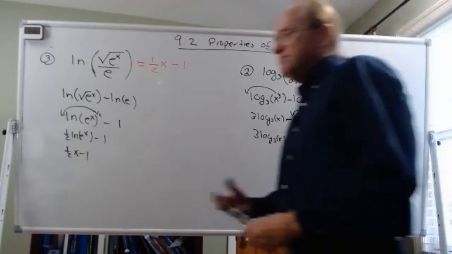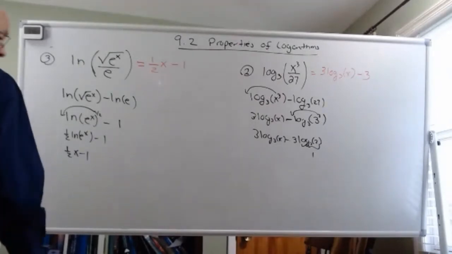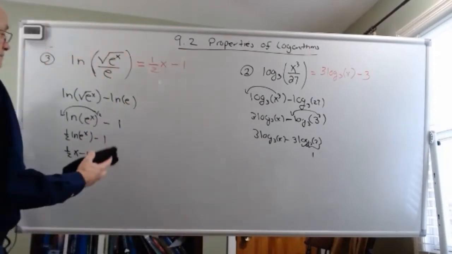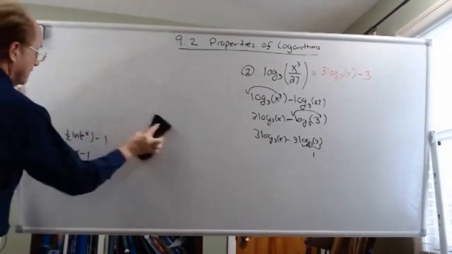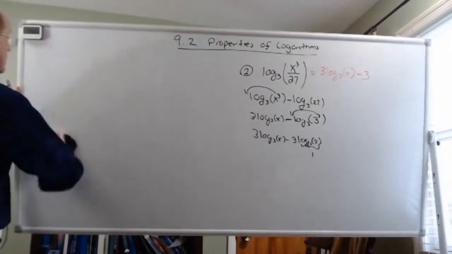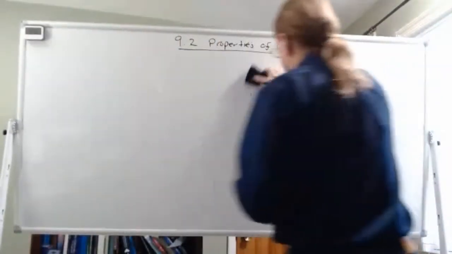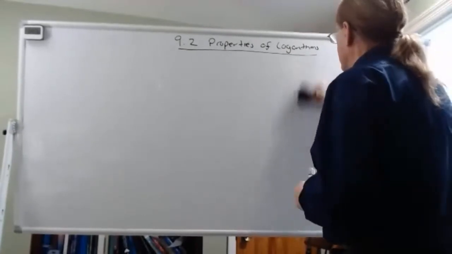Let's look at what some students find a little more complicated version of contracting and rewriting them in a different way. So let's take a look at the next group of problems. Now what we want to do is take a series of logarithms and maybe some other things as well and contract them into a single logarithm.